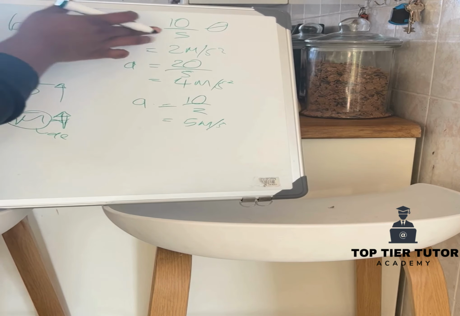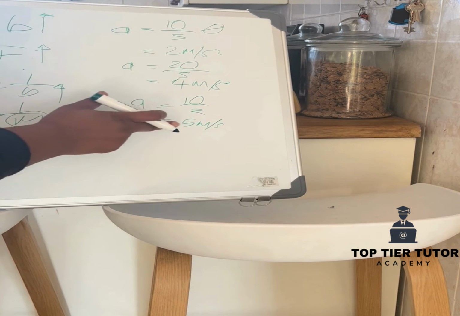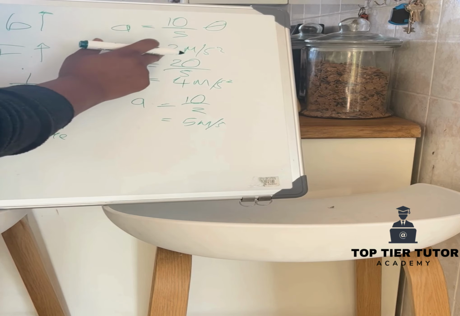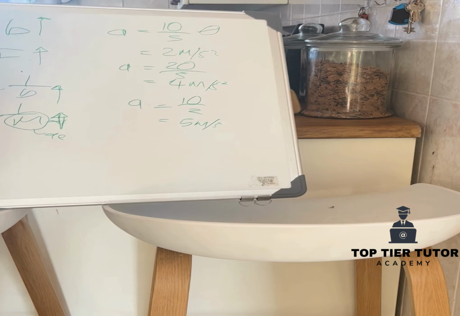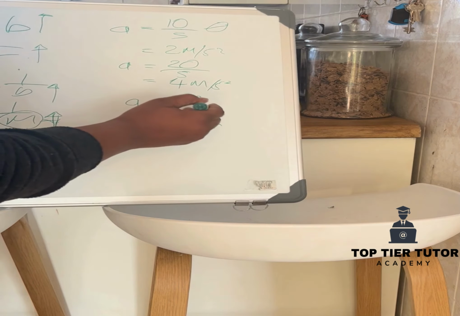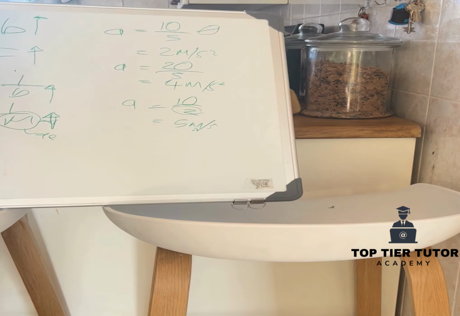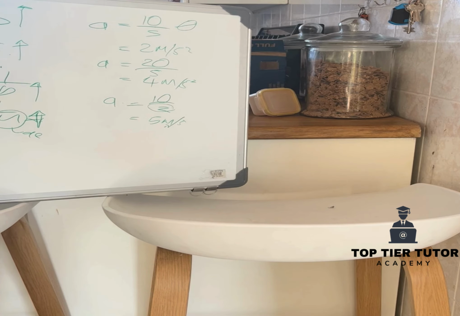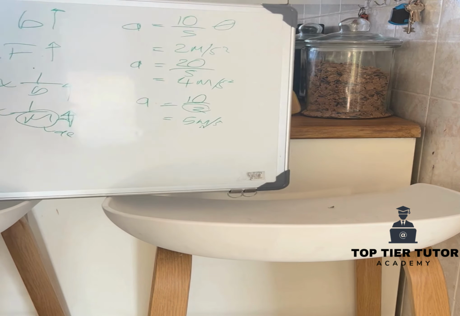So the proportionality in which my mass went to 2 would be the same in which my acceleration went from 2 to 5. But it's inversely proportional. By decreasing my mass, I have increased my acceleration. Okay, hope that makes sense.